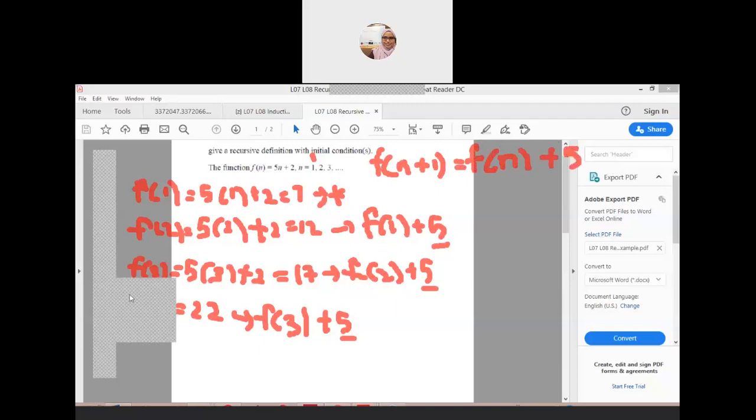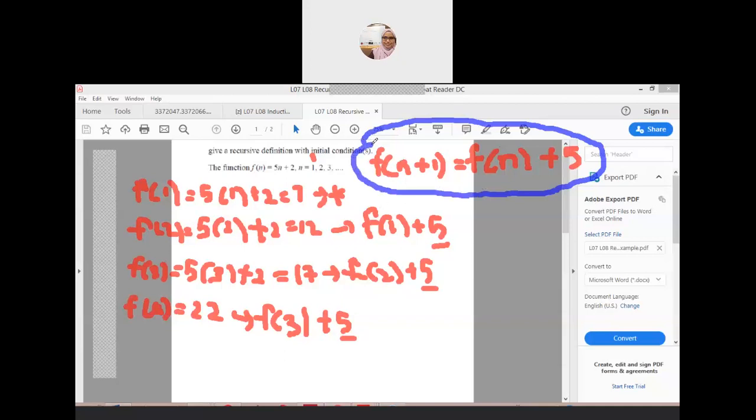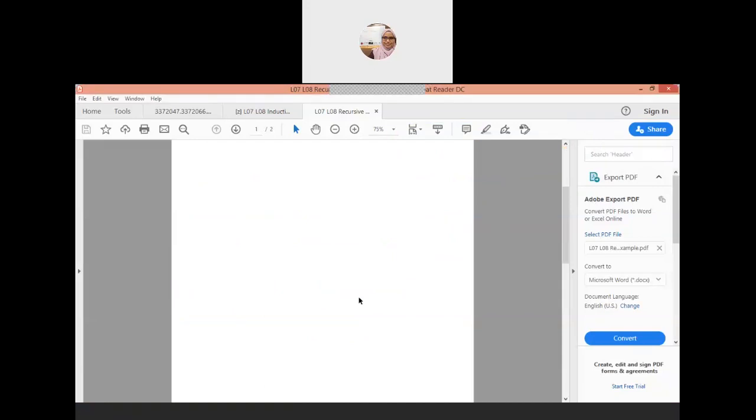Okay, so this is our final answer for the recursive step. Okay, so this will be our basis step. Okay, let me see the next example, which is give a recursive definition with initial function.